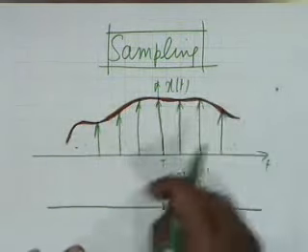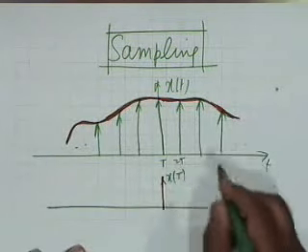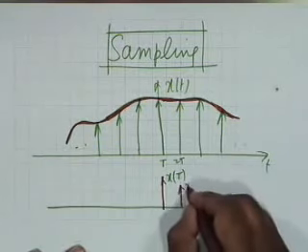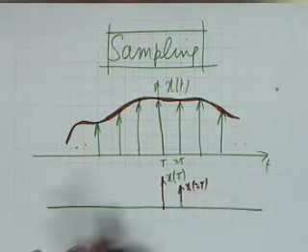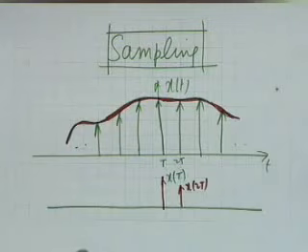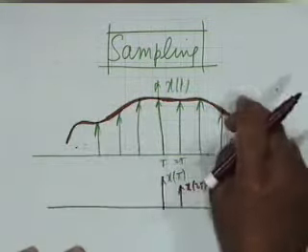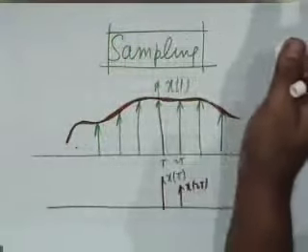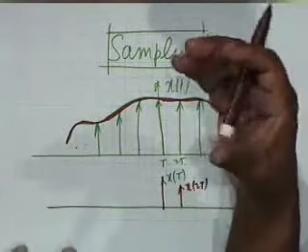So in this process, if this is 2T, the next impulse shall be of strength x of 2T. The next impulse shall be of strength x of 3T, and so on. So what we are doing is, from a given x of t, which is a continuum, going from, let's say, t equal to minus infinity to plus infinity, we are only taking a number of samples.